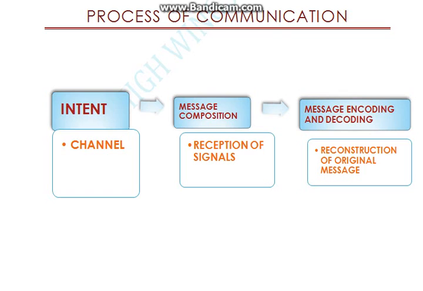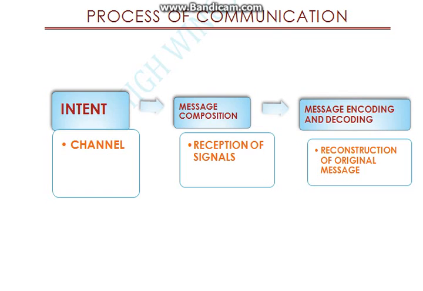Now our topic is the process of communication. In simple language, there are five things in the communication process: sender, message, encoding, channel, receiver, and decoding.